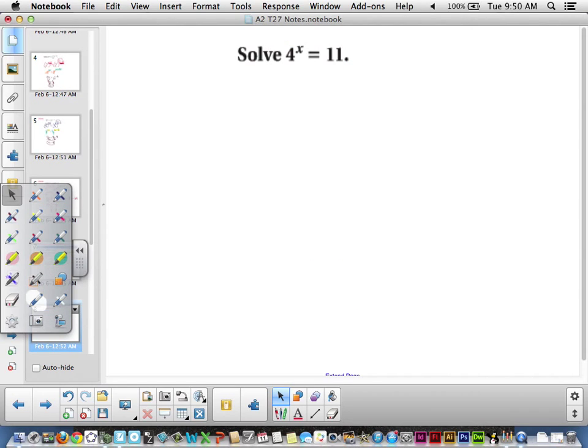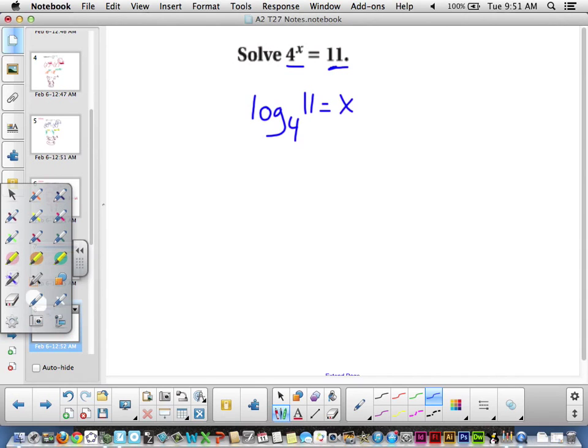So let's take a look at our first example here. 4 to the x equals 11. Let's rewrite that because it's an exponent equals a number. Let's rewrite that as a log. So we're going to do log base 4 of 11 equals x. Basically, the x and the 11 switch places when you convert it to a log.